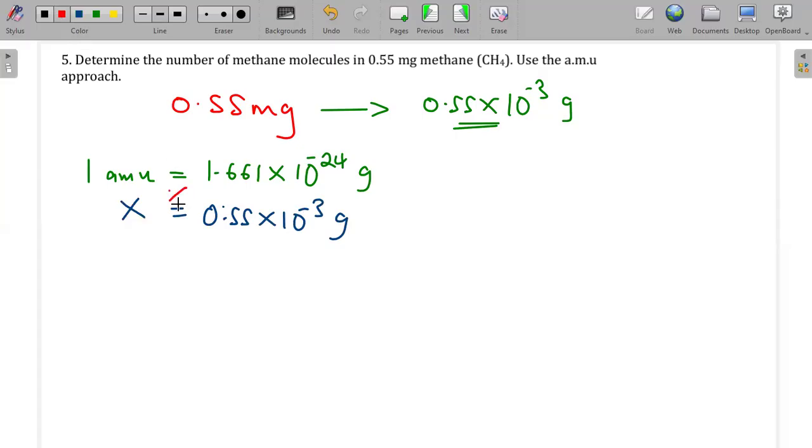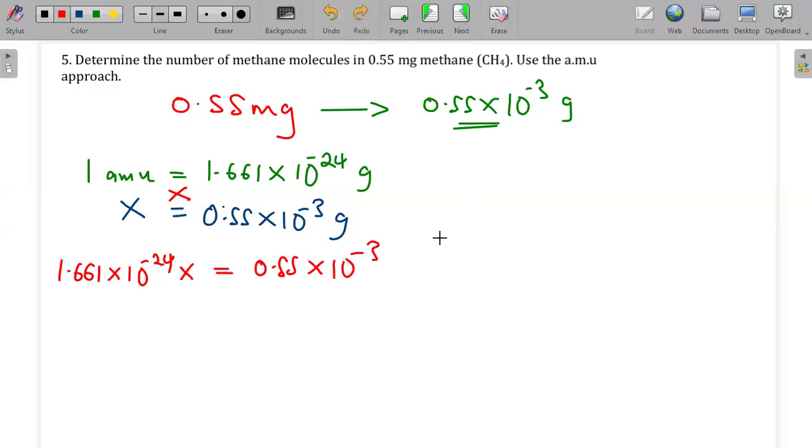From here, I'll cross multiply. This whole thing multiplied by x, I just get 1.661 times 10 to the power minus 24 x is equal to this multiplied by 1, which is 0.55 times 10 to the power minus 3 grams.